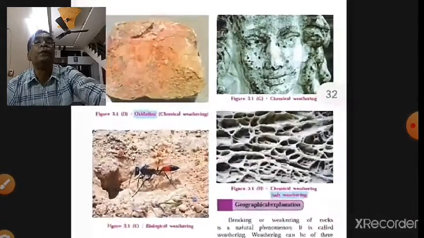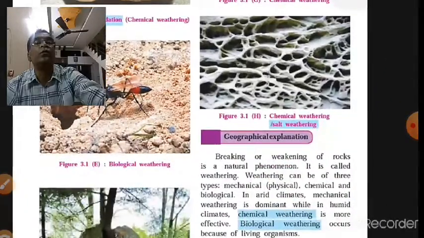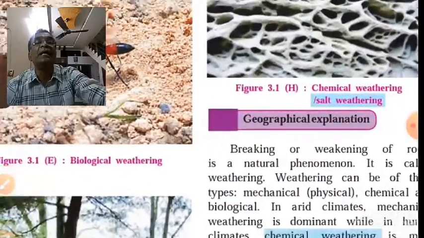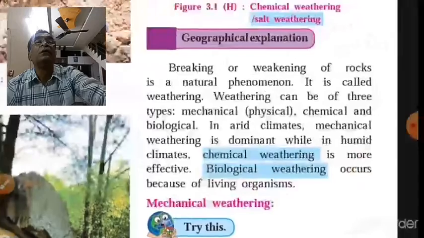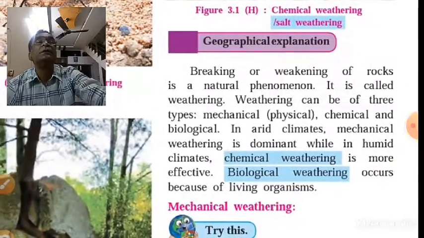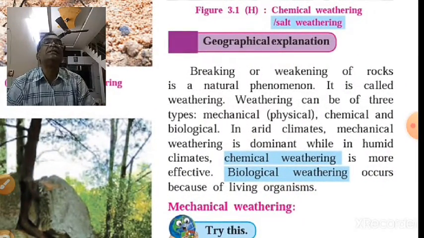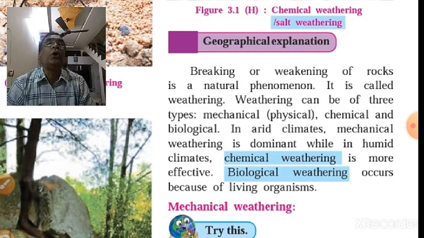Now, as we move on, we can say that the exogenetic processes are largely responsible for the weathering of the rocks on the surface of the earth, right?